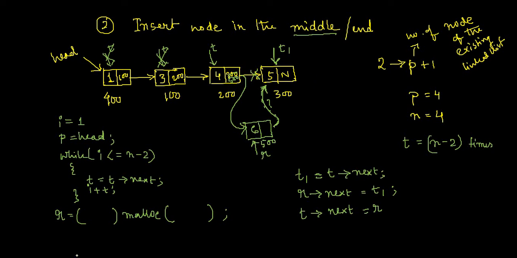For example, let's take a similar scenario. Suppose I want to add one more node over here. I want to point one more node here, with some value, suppose 7.